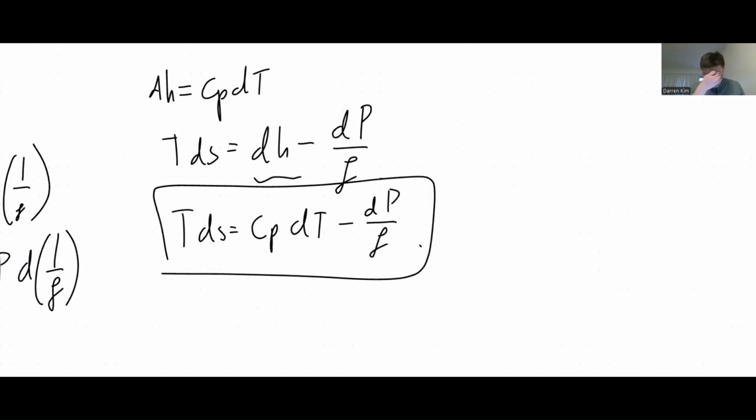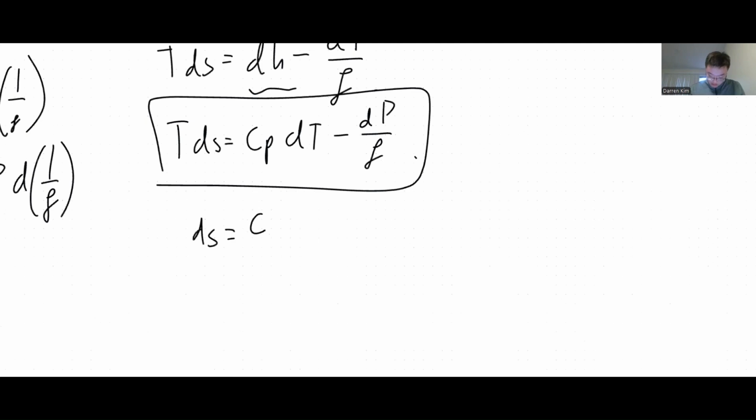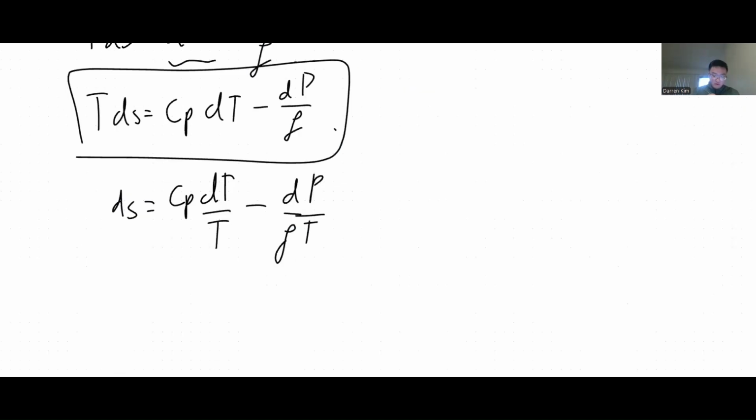All right. So now we do ds equals Cp dT over T minus dP over density T. Now this density T is a problematic situation. What I'm trying to say is that you can get P equals density R T, so we can get density and T over here to get pressure.